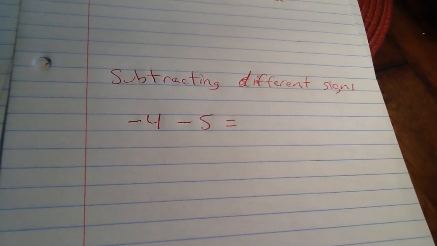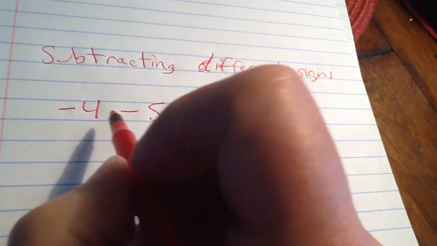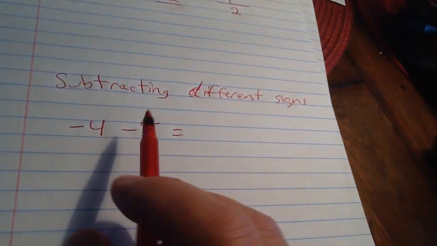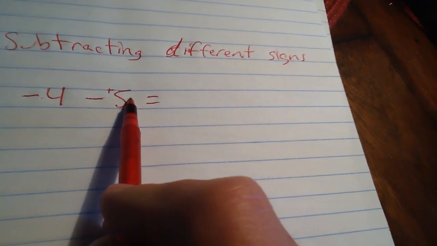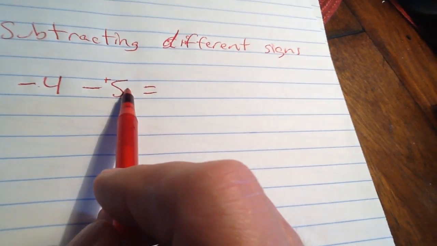Alright, now, subtracting different signs. Technically what you've got here is negative 4 minus a positive 5. They're opposite signs. So it's going to be the same theory as adding different signs.